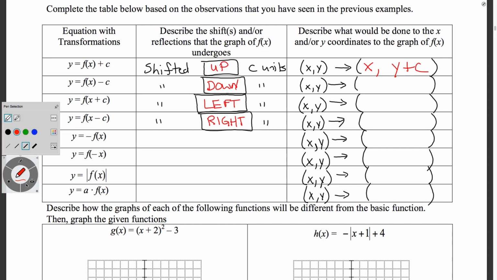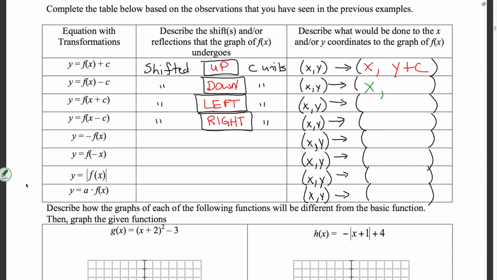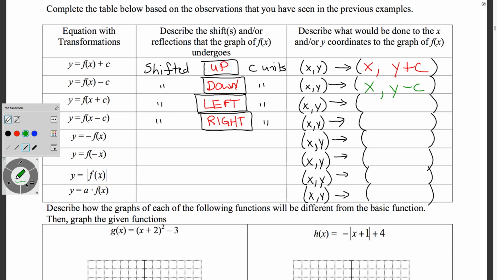Okay, what about in the case of down? Would it be x, y minus c? What about left?